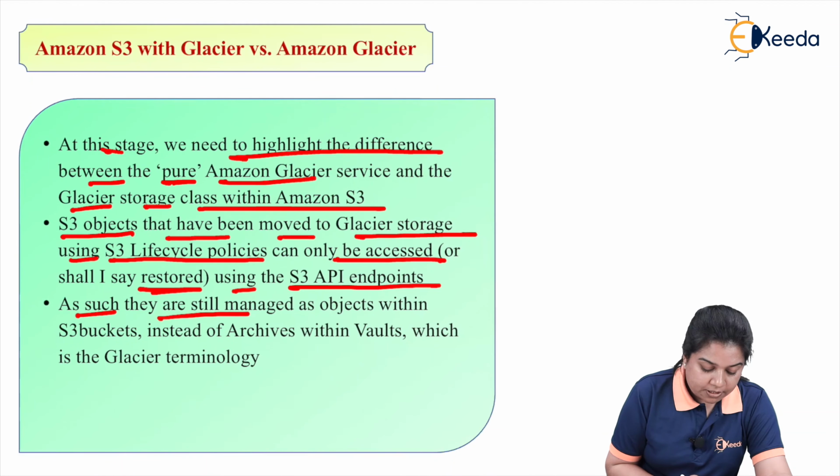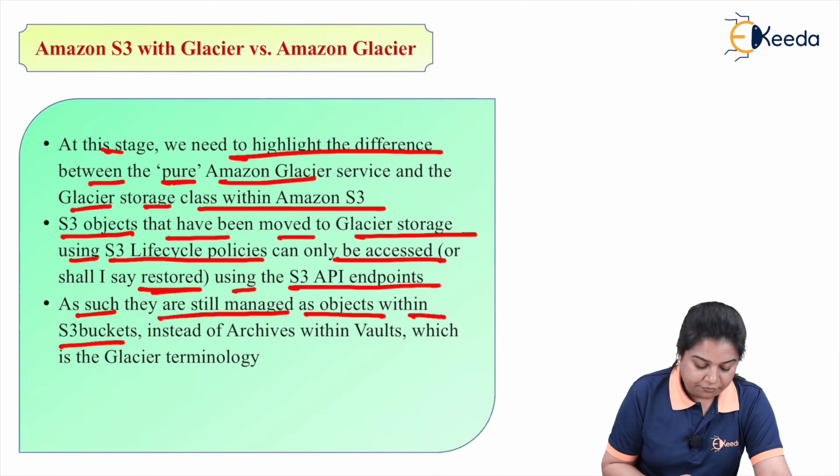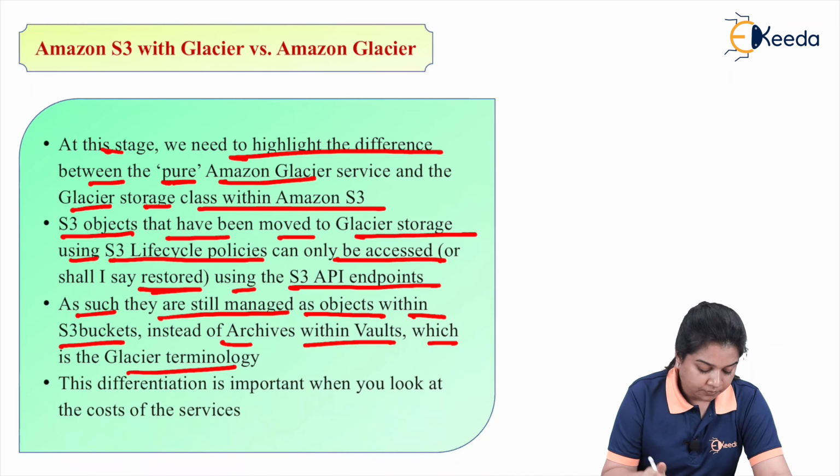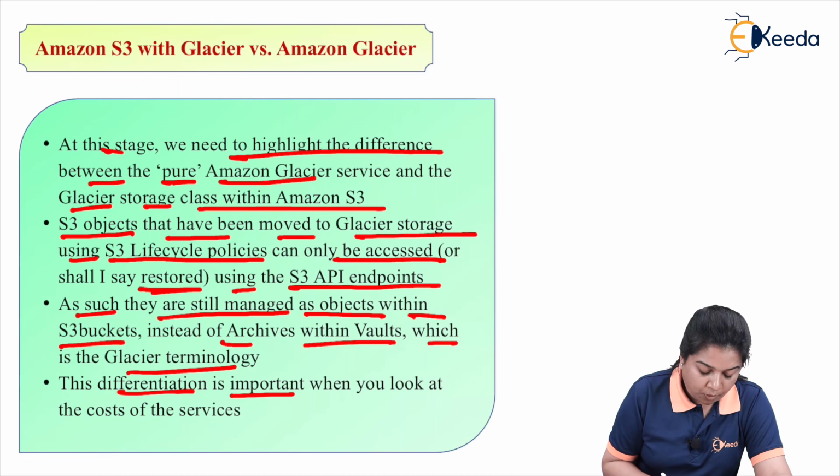As such, they are still managed as objects within S3 buckets instead of archives within vaults, which is the Glacier terminology. This differentiation is important when you look at the cost of the services.